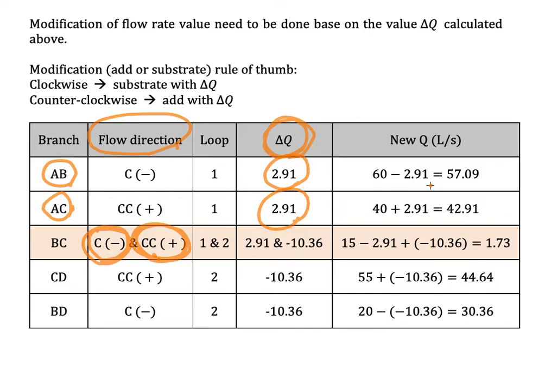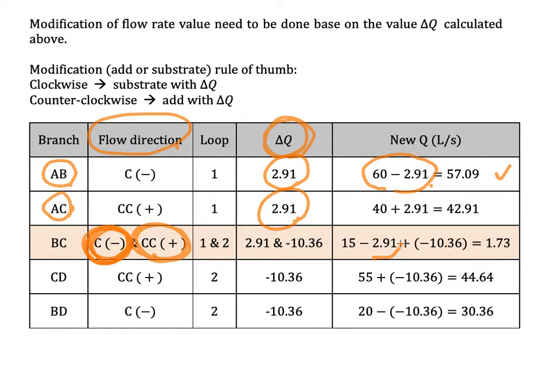The predicted flow rate is 60, so we minus 2.91, and we get 57.09. And then here we add the 2.91, so we have 42.91.